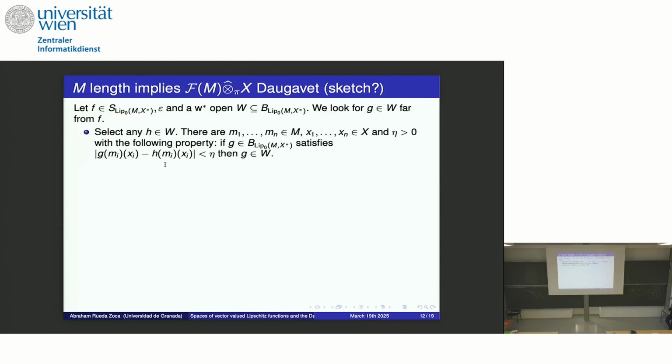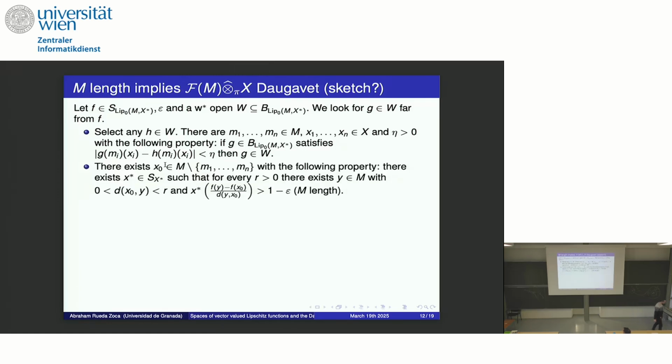Still, the fact that weak-star open sets are defined in terms of finitely many pieces of information still holds. Now, there are finitely many points in M and finitely many vectors in X, with the property that if G is of norm less than 1, and the vector evaluation at mi, xi is near that of H, then G must belong to W. Okay, we save this point.